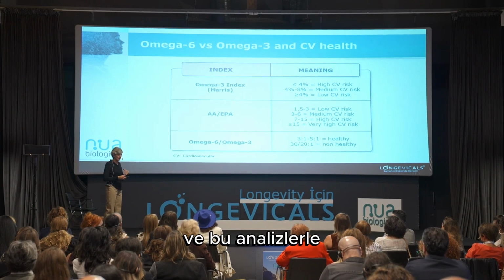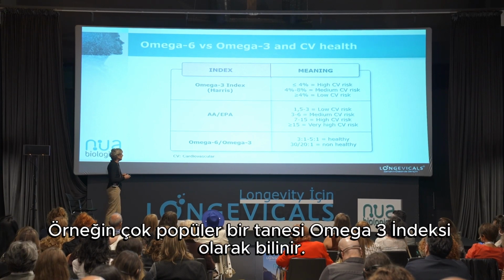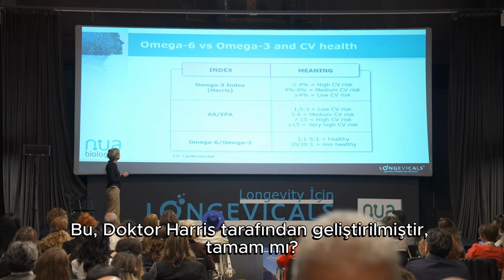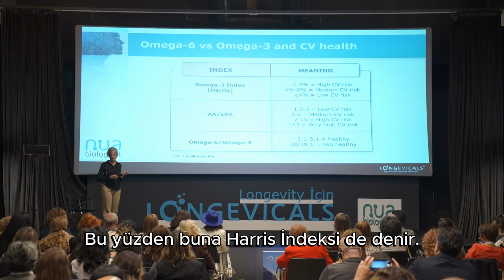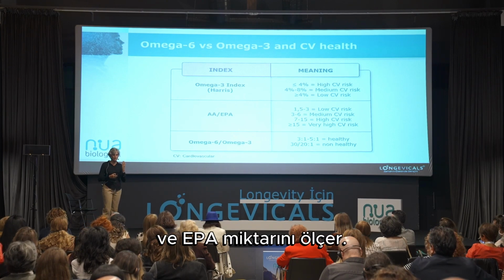And these are some of the ratios we can work out with those analyses. A very popular one is called the Omega-3 index, which was developed by Dr. Harris, okay? That's why they also call it the Harris Index. This measures the amount of DHA and EPA in your cell membranes.